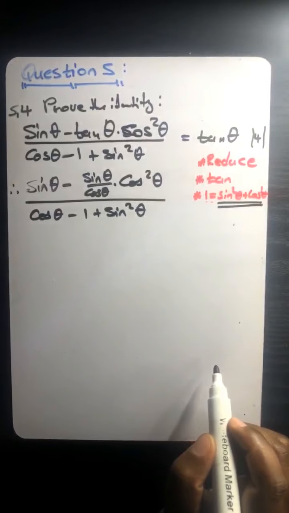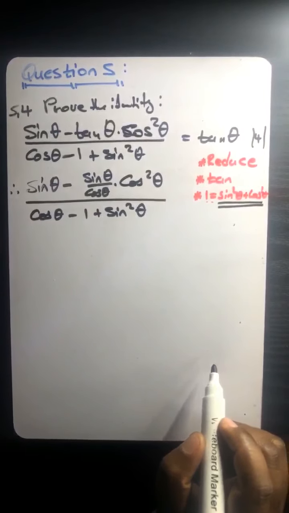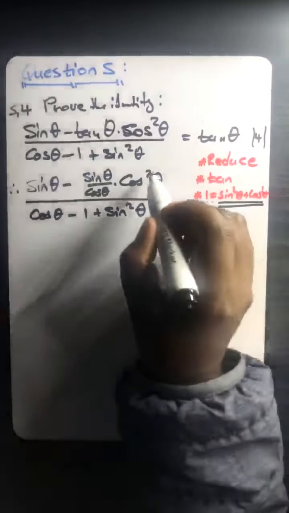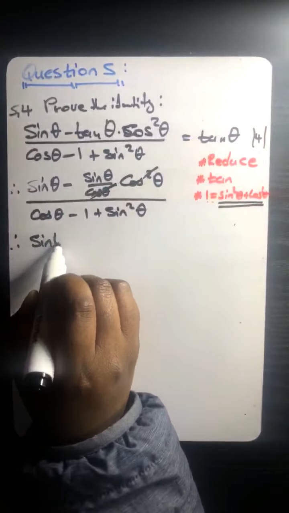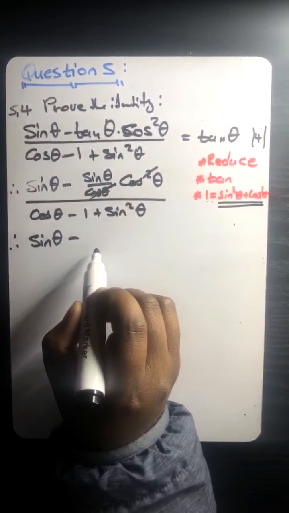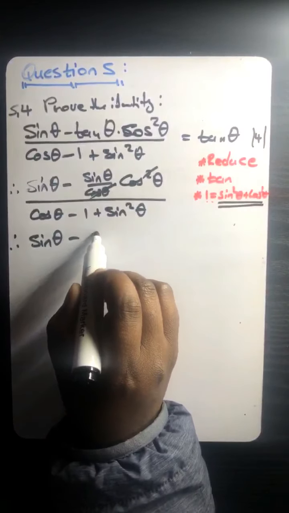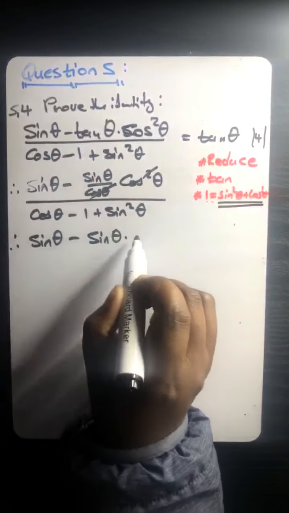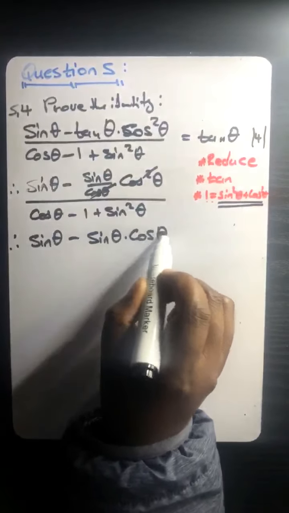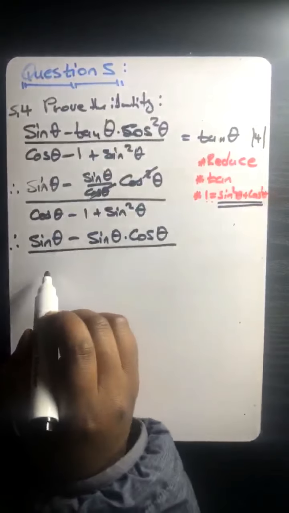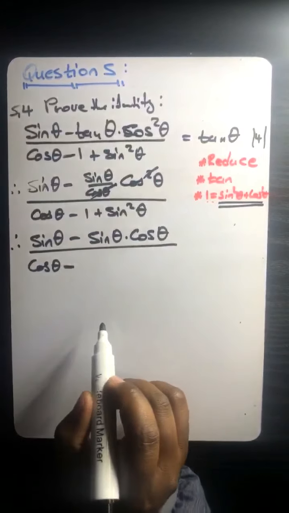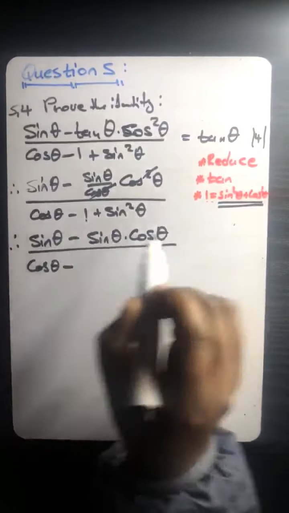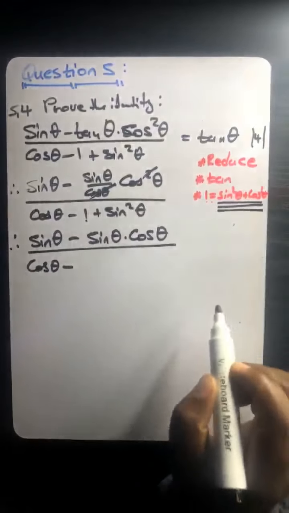Now obviously that cancels with that, and we remain with sine angle times cos angle over cos angle minus... Remember, if we see 1, let's try to substitute and see how far we can go.